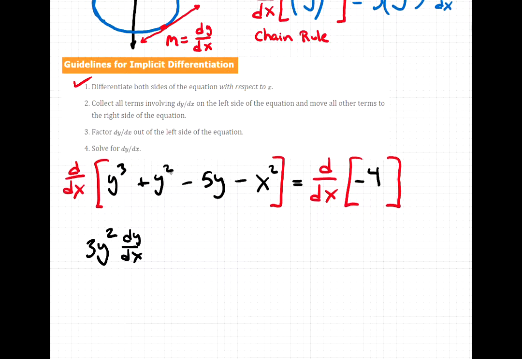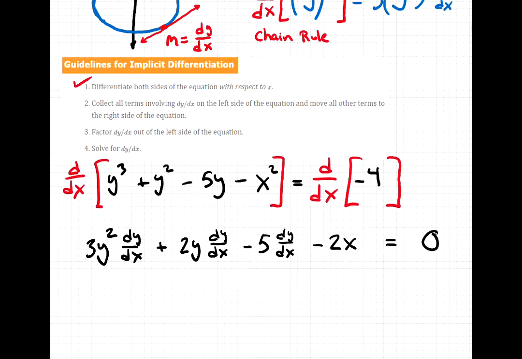Applying the chain rule again to the y squared, that's 2y to the first power times dy over dx, minus 5 times the derivative of y, which is again dy over dx, minus 2x to the first power is equal to the derivative of -4, and the derivative of a constant is 0. Okay, so we've taken the derivative of both sides of the equation with respect to x.